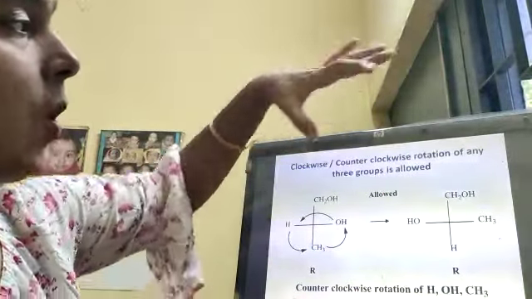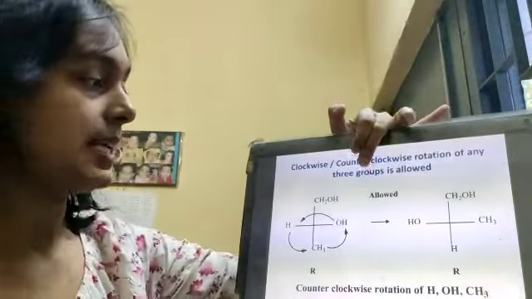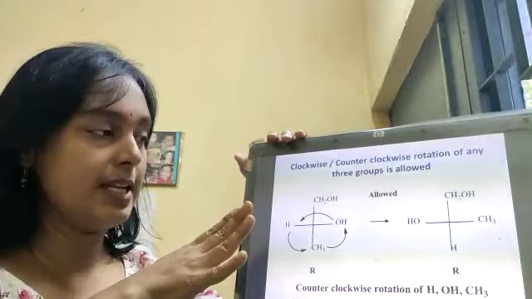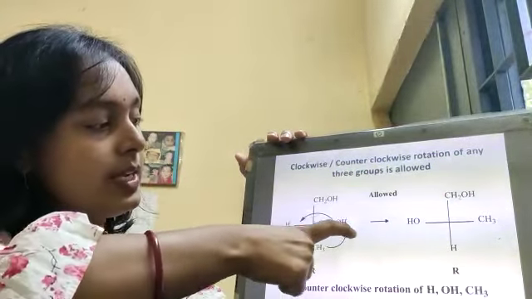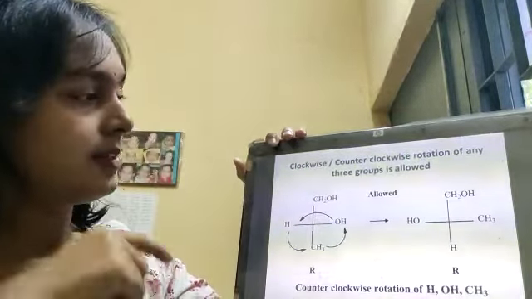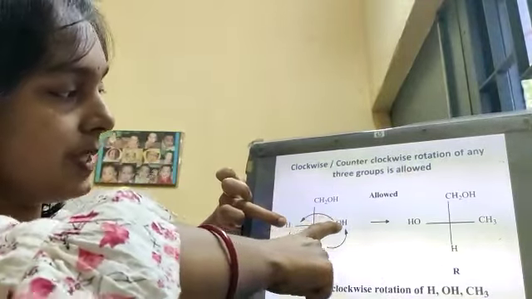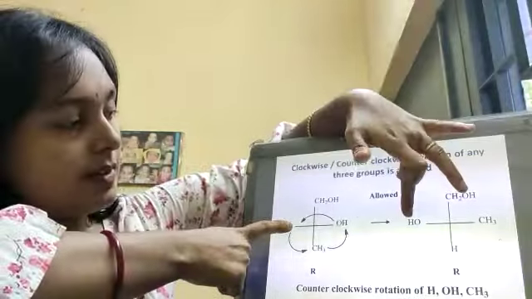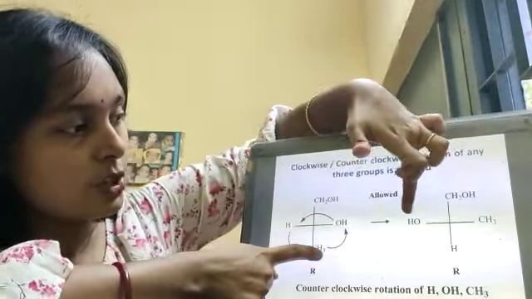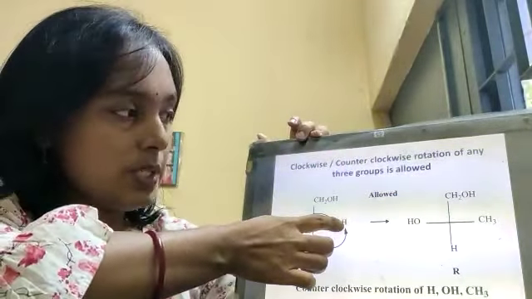Then the clockwise or counterclockwise rotation of any three groups is allowed. That means the remaining one group stays attached, no change. If we consider three groups, clockwise or anticlockwise rotation, see like that, OH has come over here from this position to this. Hydrogen has come over here. Then CH3 will come to this position.